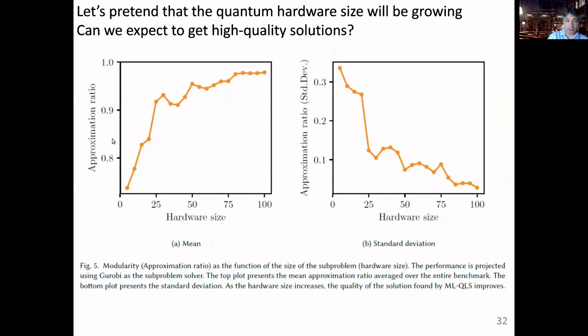And here in this plot, we show the dependence between the hardware size, which will eventually grow, say from 0 to 100, and the approximation ratio on some instances. And you can see that if we use this approach and the hardware size is growing, then we can expect a higher quality solution, whereas the standard deviation of the solution with increasing hardware size will be smaller and smaller.